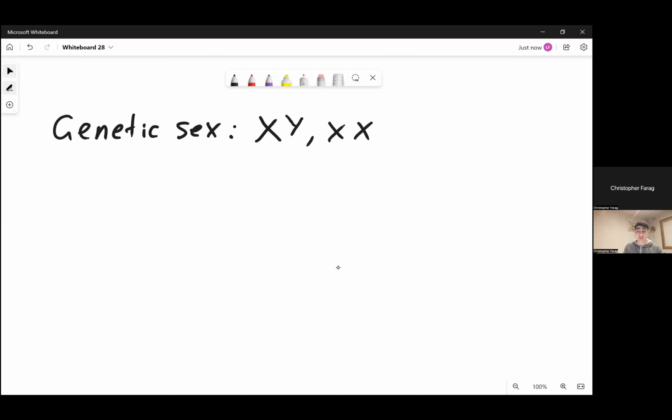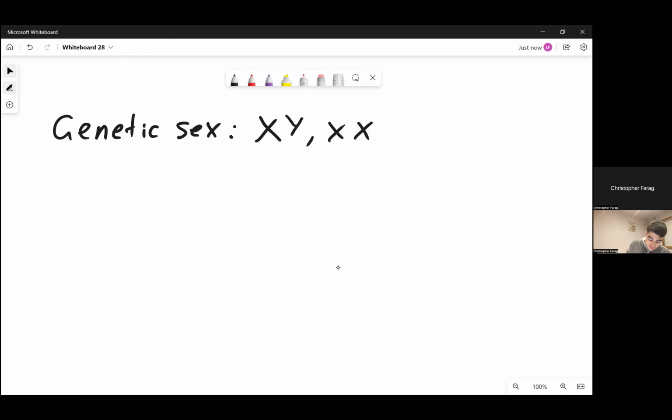Of course, there are variations of this, such as in Turner syndrome, where you get X naught, only one X chromosome, or in Klinefelter, where you get XXY. But for the majority of people, XY defines a male and XX defines a female. Again, we're going to go into so much more detail in a bit. But essentially, genetic sex is your chromosomal complement at birth.